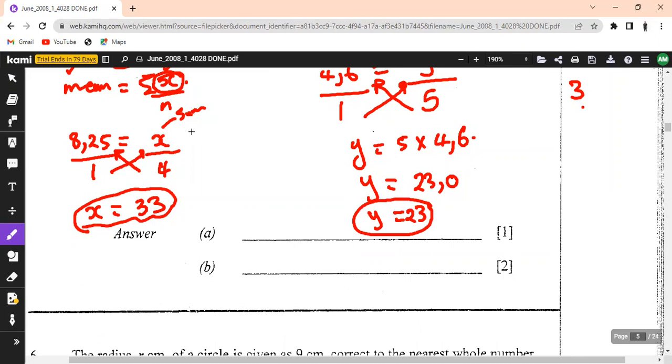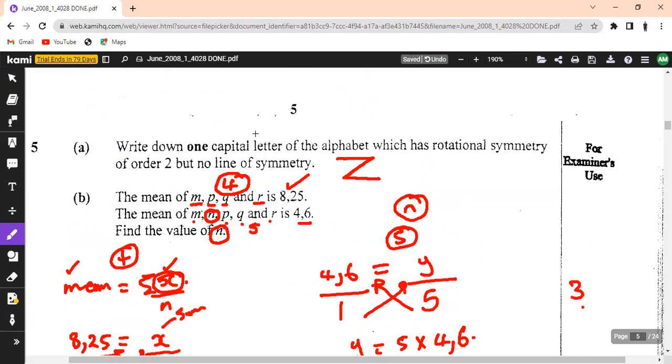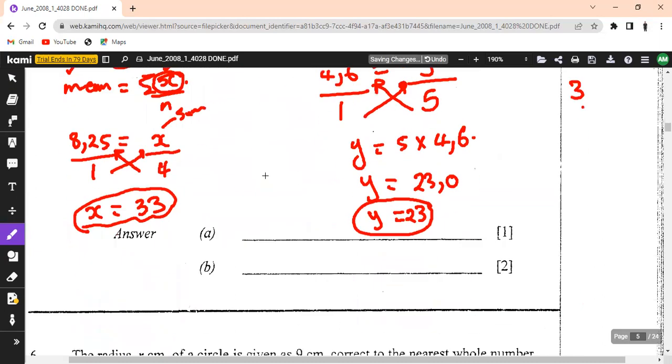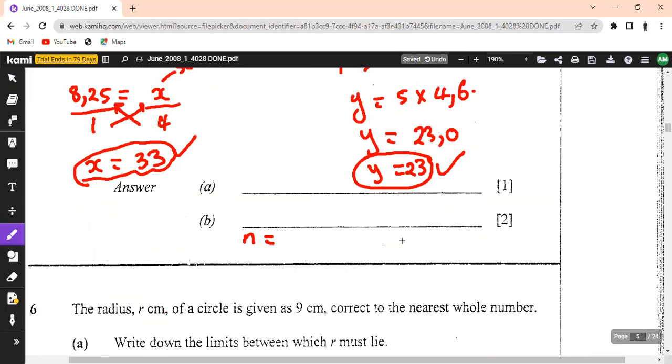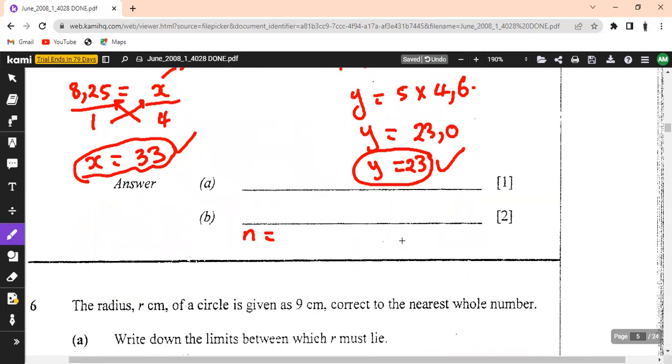Okay, so what is the value of N? N is the 5th term that we added to these 4 terms that we had. Remember, these are 4 terms and these are 5 terms. So our N in this case is going to be the sum of 5 terms, which is 23, minus the sum of 4 terms, which is 33.